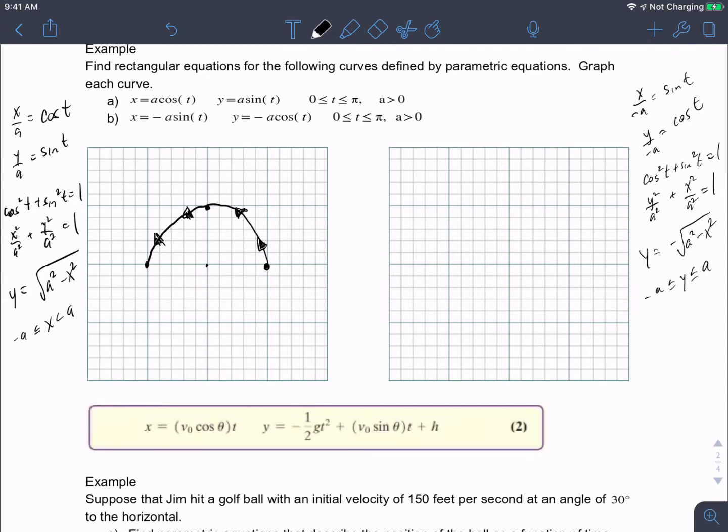And the reason that this is this way is because now when we're looking at this, these values, we're looking at it from a negative a point of view. And so if we plug in 0, what are we going to get?